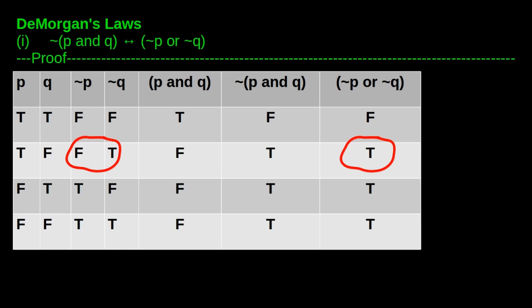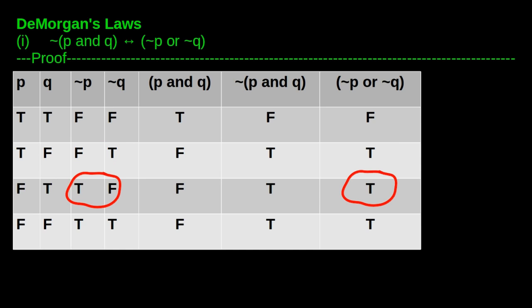In the third row, we have not P false and not Q true. And since we have at least one of not P or not Q true, that's a tongue twister, then not P or not Q is true, because not Q is true. We just need one of them to be true for this statement to be true.